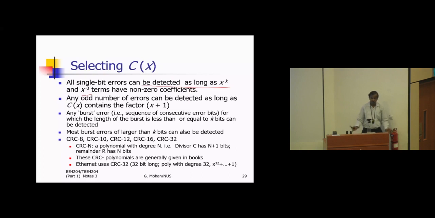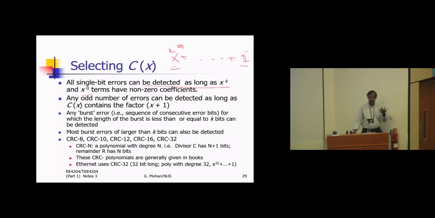That means if you want to use k bits as the remainder, there should be a term x power k and there should be a term x power 0, which is 1 at the end. So you have to choose a polynomial such that there is a term x power k and a term x power 0. Finally, it should end with 1, that is the x power 0 term. If you choose that, it can detect any single bit error. There is a theorem.